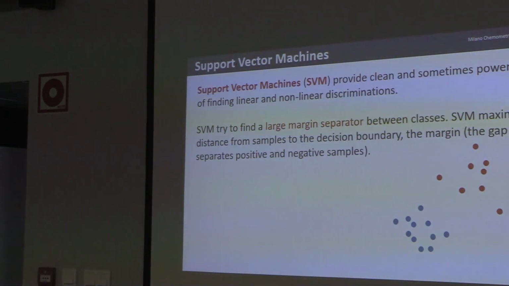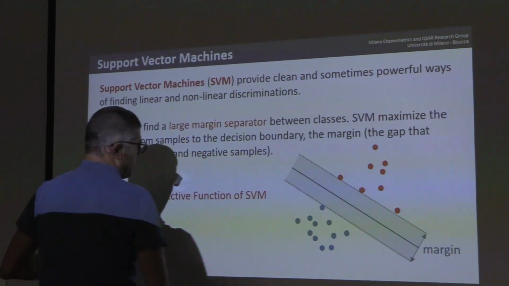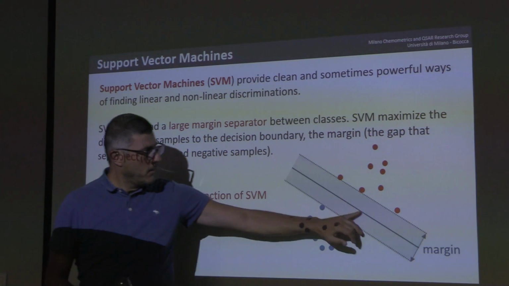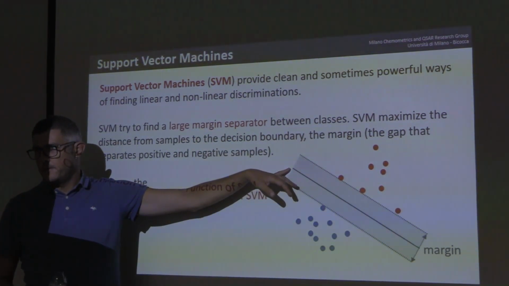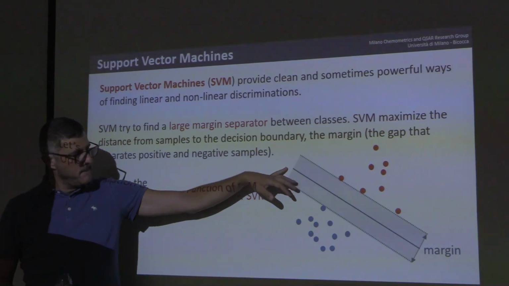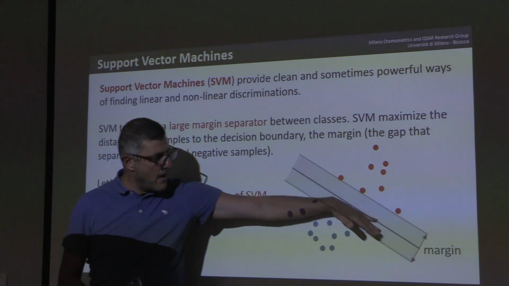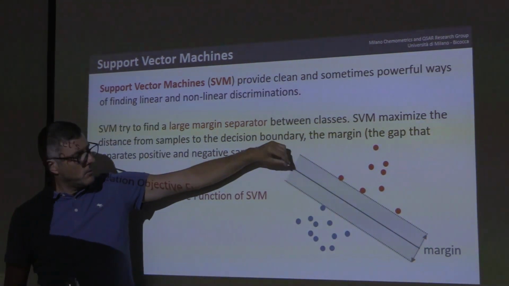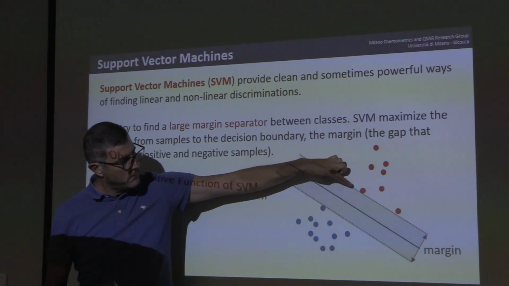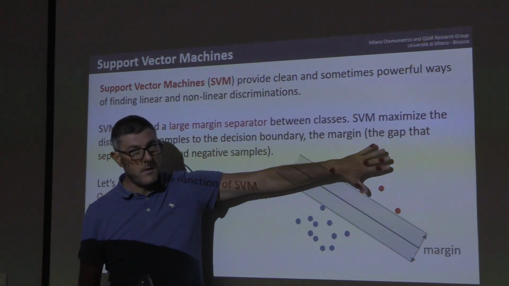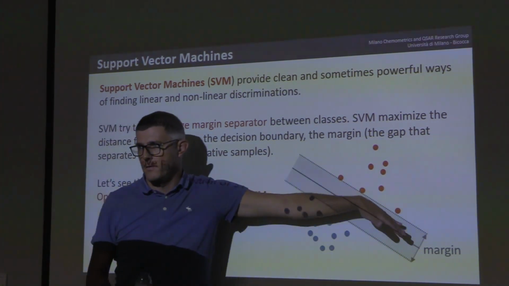For example, in this case, this could be the boundary between the two classes, and it is found by the support vector machine because this is the boundary which maximizes the distance of the red samples and the blue samples from this line.